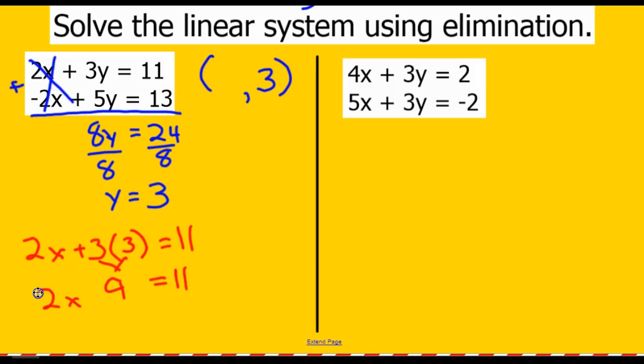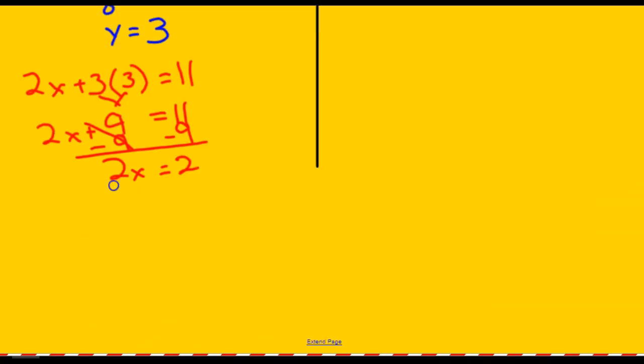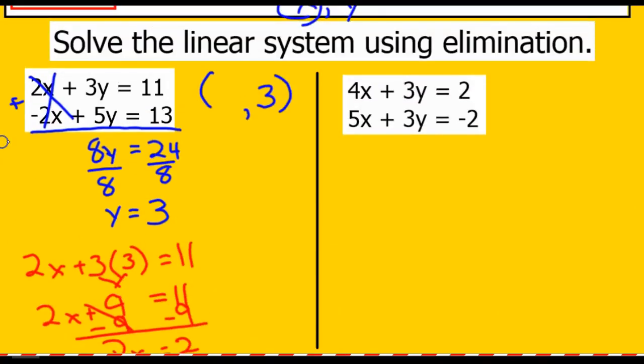So we have 2x plus 9 equals 11. Subtract 9 from both sides, and we get 2x equals 2. We can divide by 2 to get x by itself. So x equals 2 divided by 2, which is 1. So our solution then would be 1, 3.